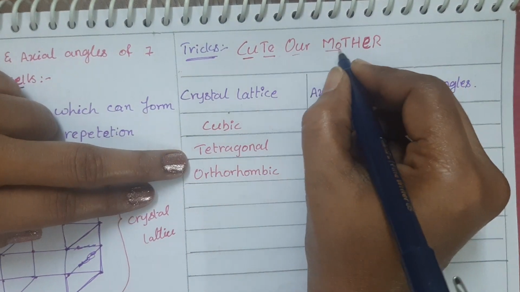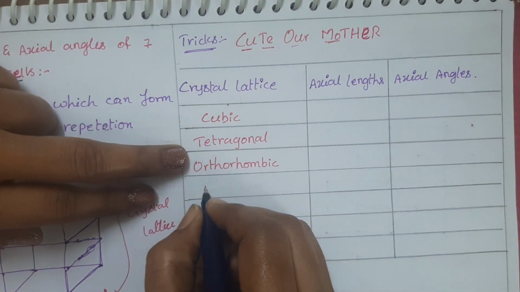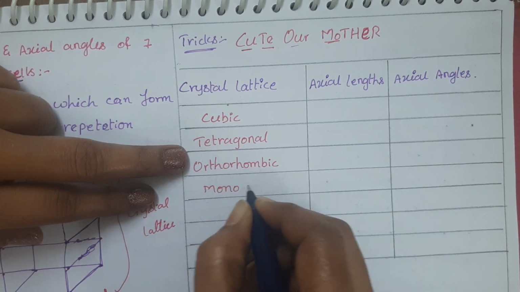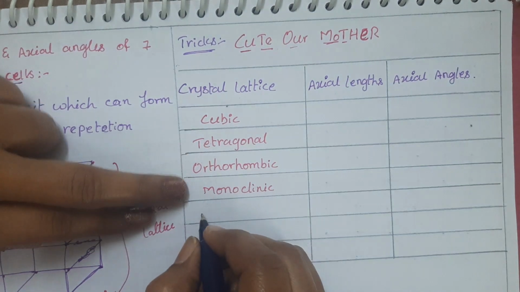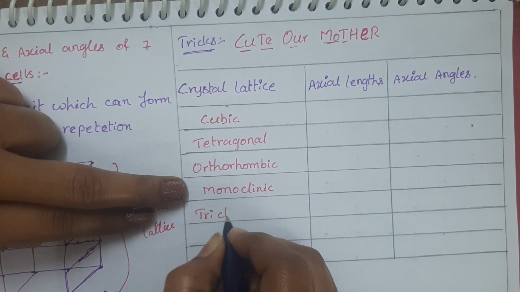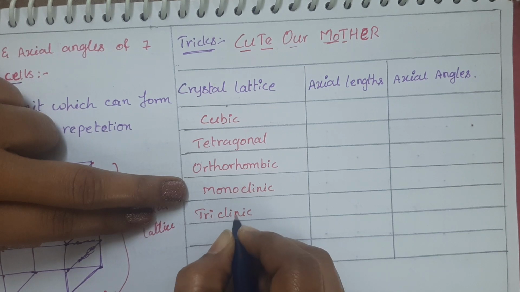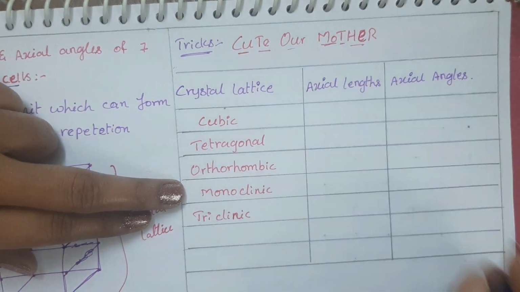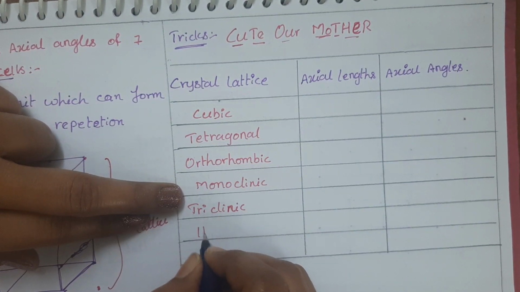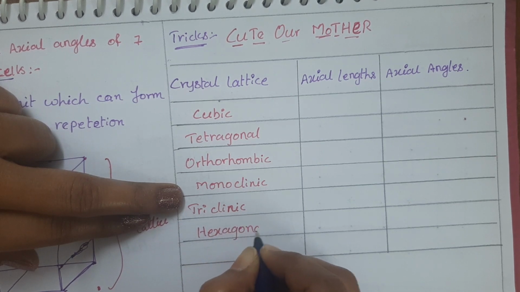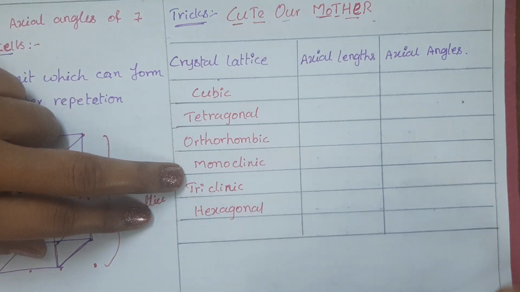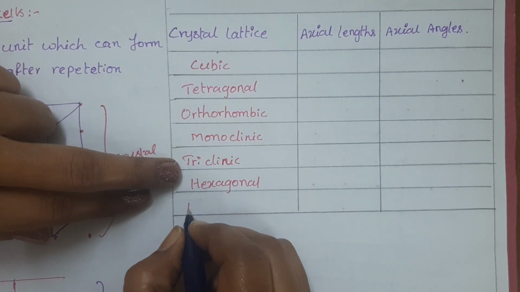And next MO means monoclinic. T, triclinic. Next HE means hexagonal. R means rhombohedral.